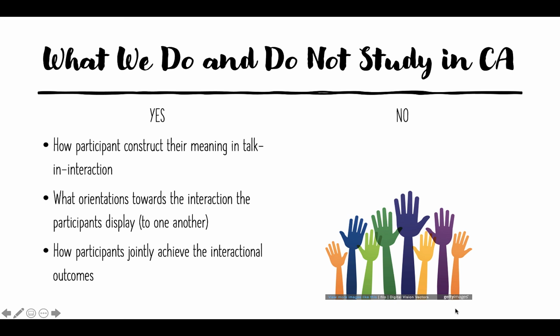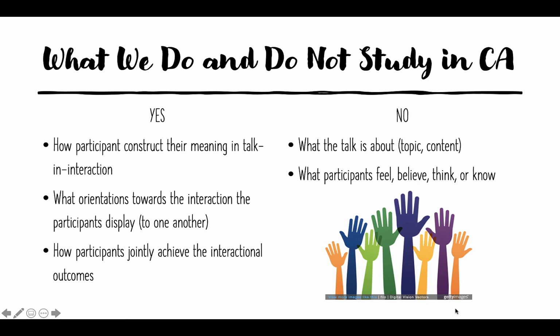But the content or the topic of the talk per se is not usually addressed in CA. We cannot say, well, the participants are talking about shoes, so therefore they're displaying their femininity in their talk, since women always talk about shoes. That would be acting on an unwarranted, unscientific stereotype.